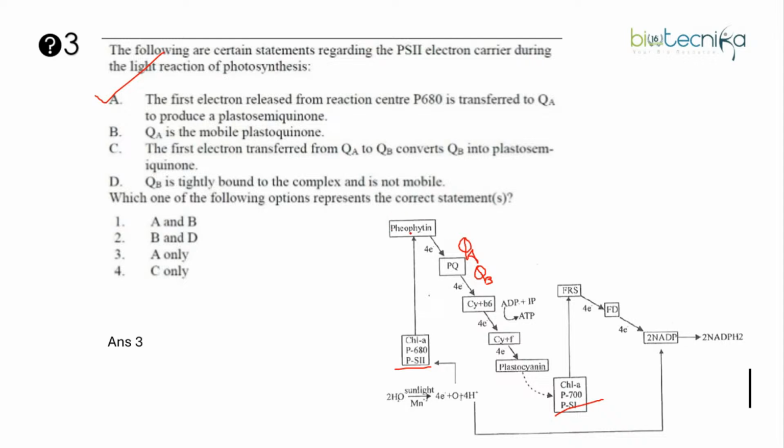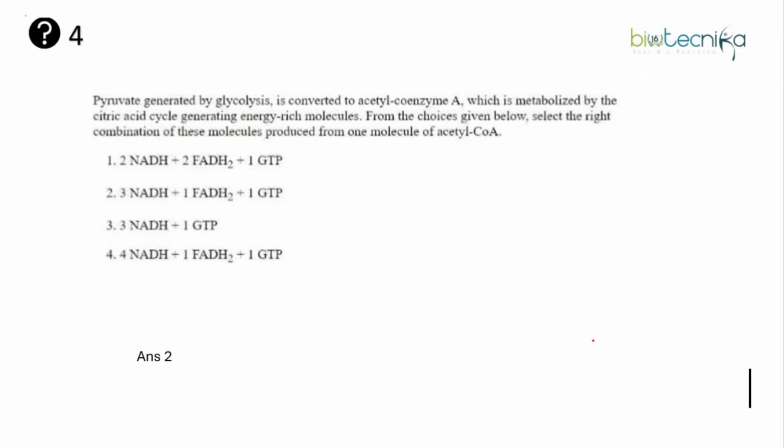First the electron is received by pheophytin, and then QA, QB. So these are your plastoquinones. This is also known as your Z scheme. All right, let's move to the next question.